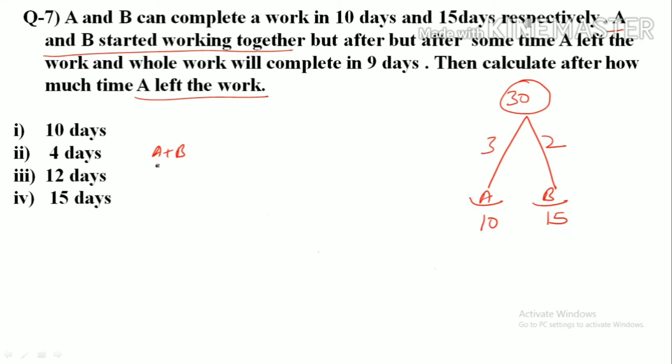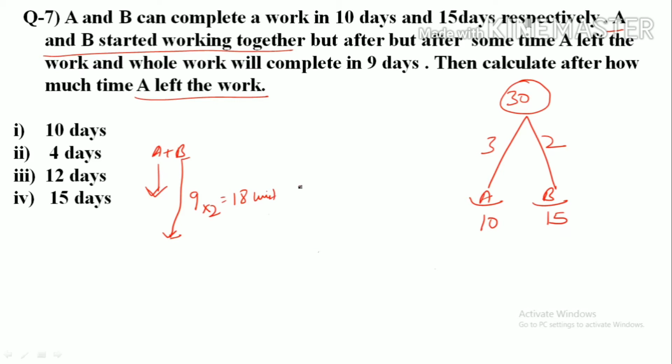A and B start together, but after some time, we don't know after how many days, A left. So B is there from start till end, and the whole work is completed in 9 days. 9 days with an efficiency of 2 means 18 units of work is done by B.